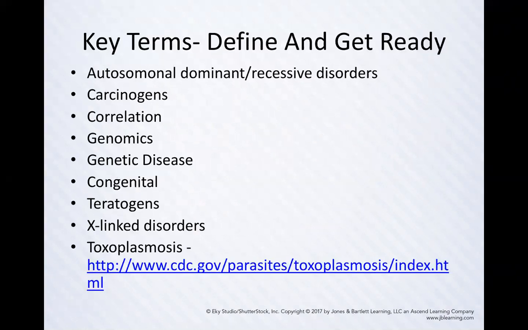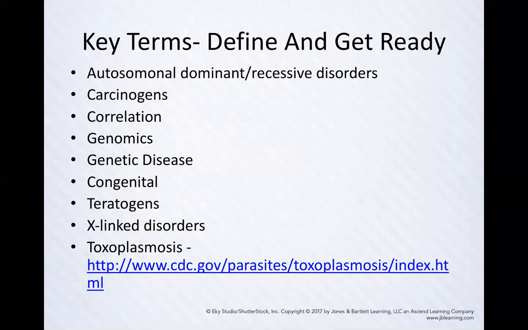Do you know these key terms? These are the key terms that are in Chapter 12. I want you to know what carcinogens are. Carcinogens are cancer-causing agents. Correlation, that's a research term.